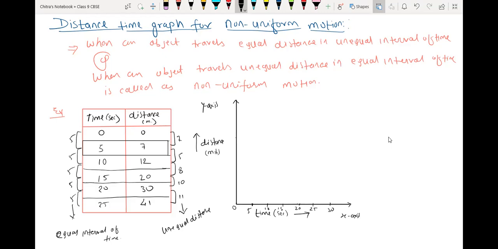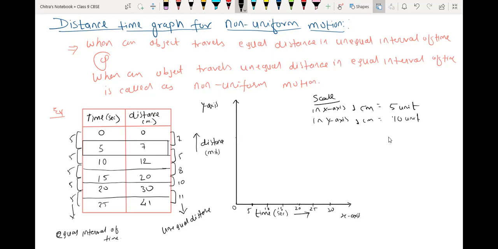On the scale in x-axis, 1 centimeter equals 5 unit of time, and in y-axis we'll take 1 centimeter equals 10 unit.